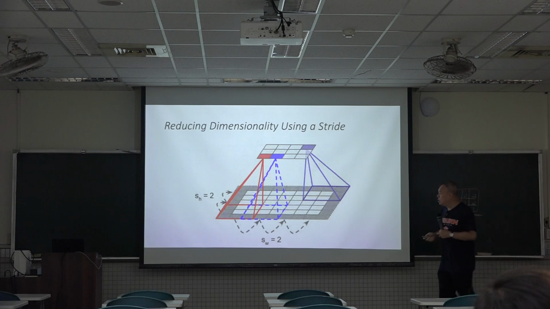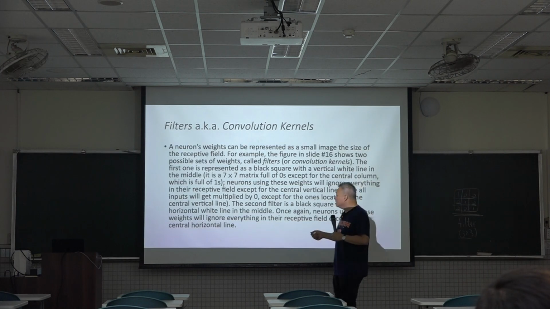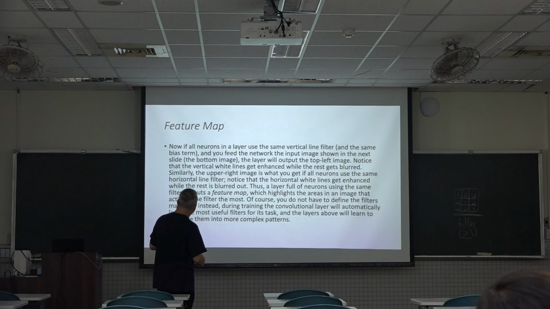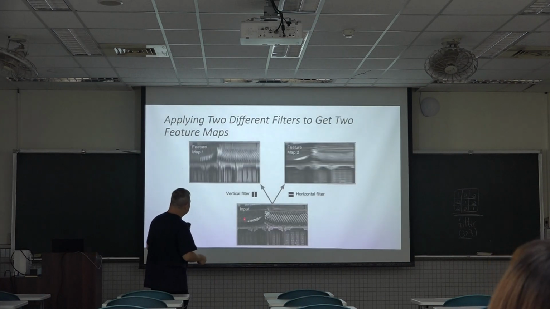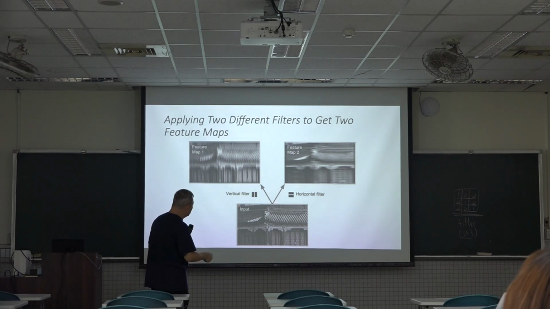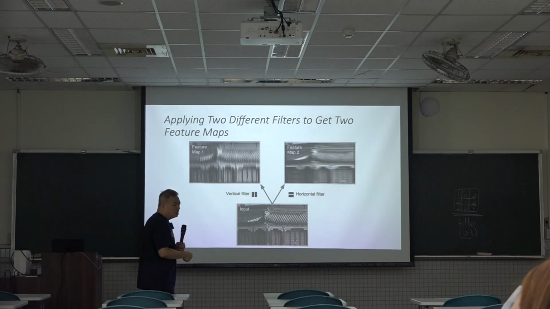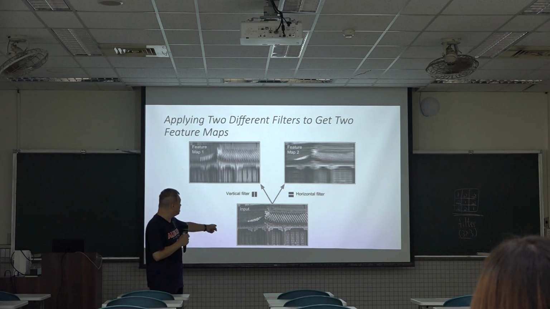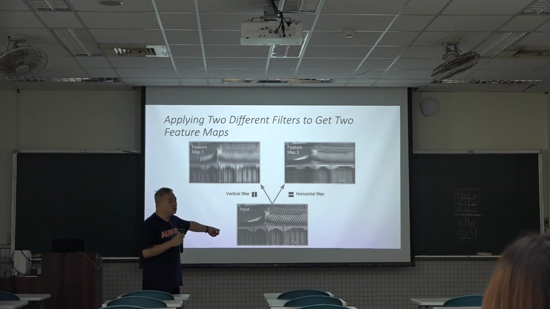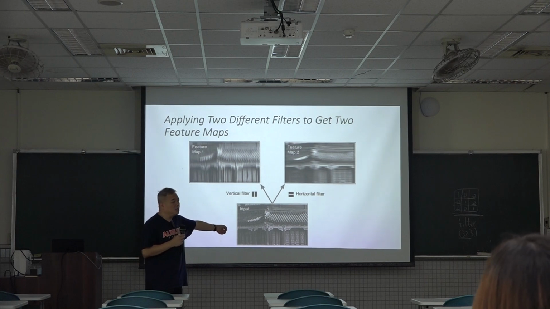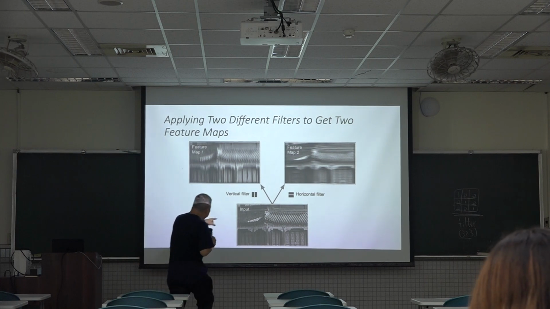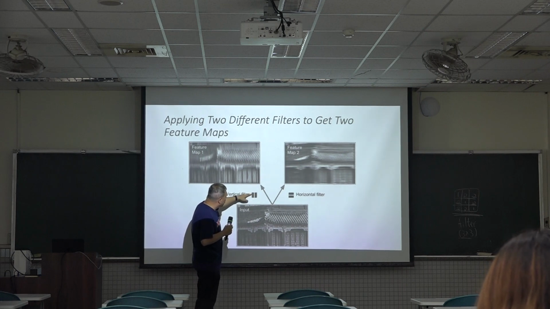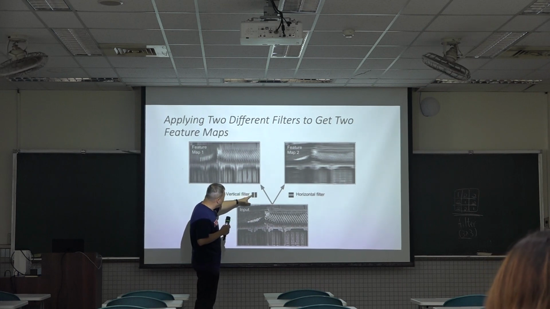So you may ask, what is this? This shows you this one. So this is the input picture. I think because we Eastern culture know about this, right? This is a temple, right? Everybody knows about this picture. So if you have this filter, this is a 7 by 7 filter.